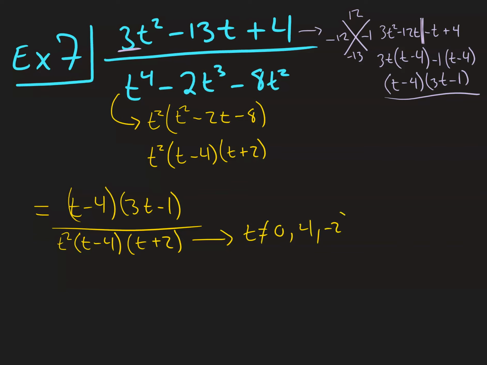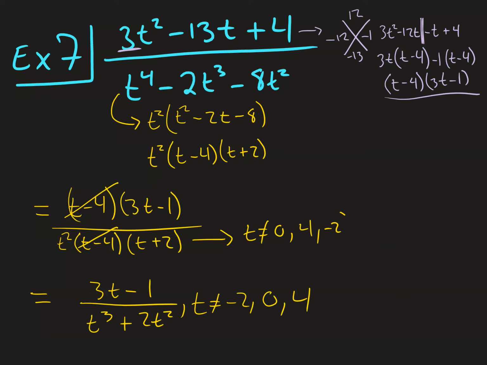We can go ahead and simplify. Our t minus 4s can cancel, leaving us with 3t minus 1 over t squared times t plus 2, which is t cubed plus 2t squared, where t cannot equal negative 2, 0, or 4.